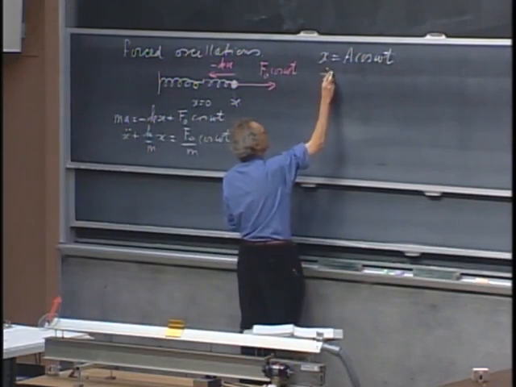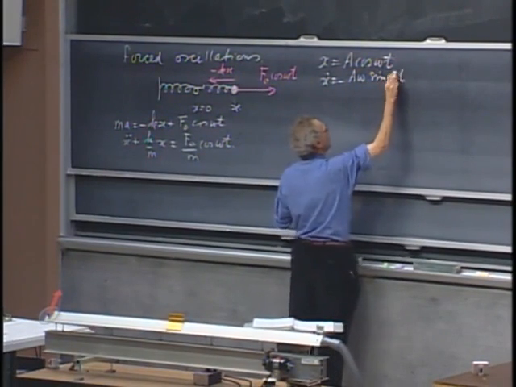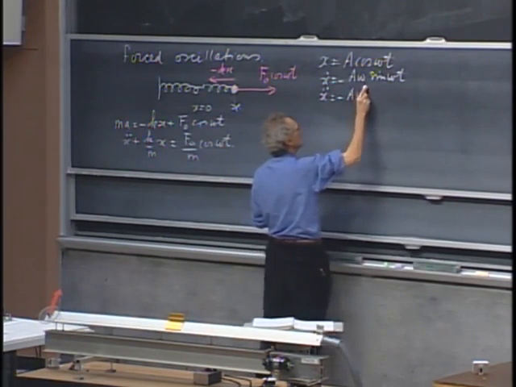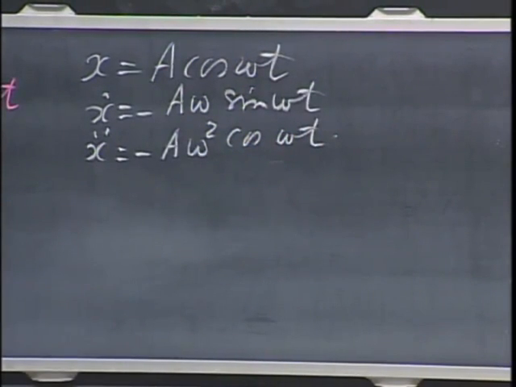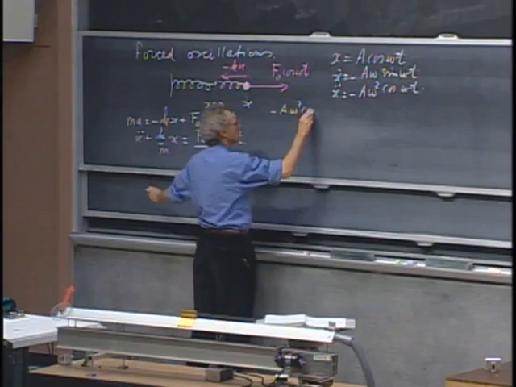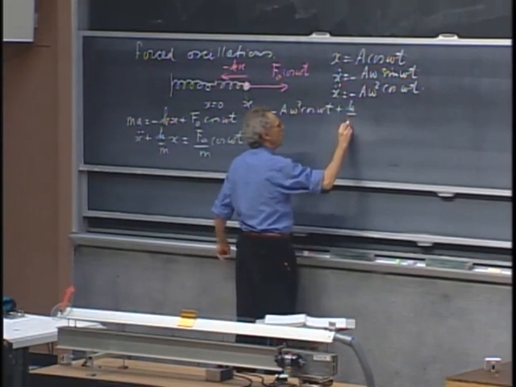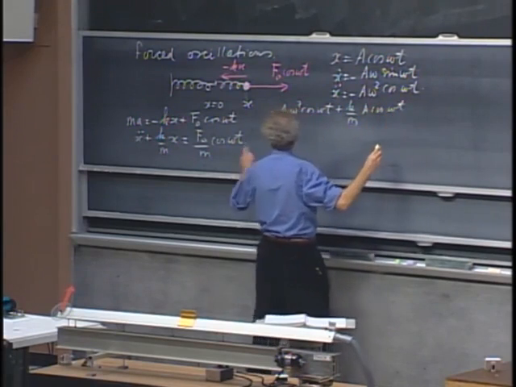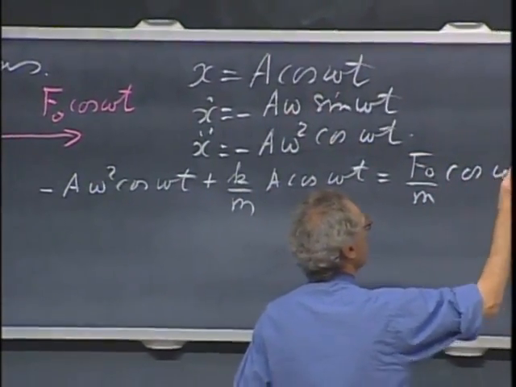x dot equals minus A omega sine omega t. x double dot equals minus A omega squared cosine omega t. And so now I'm going to substitute that in here. So I'm going to get minus A omega squared cosine omega t plus k over m times A cosine omega t, and that equals F0 divided by m times the cosine of omega t.